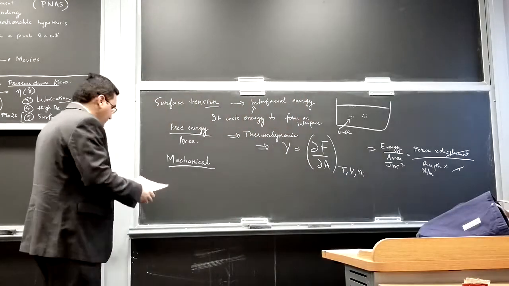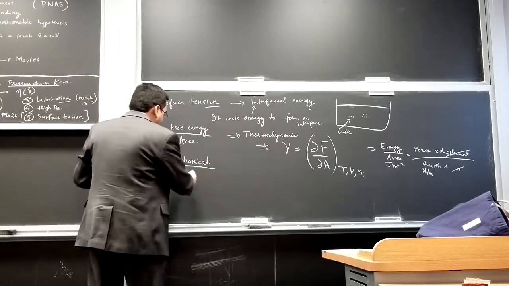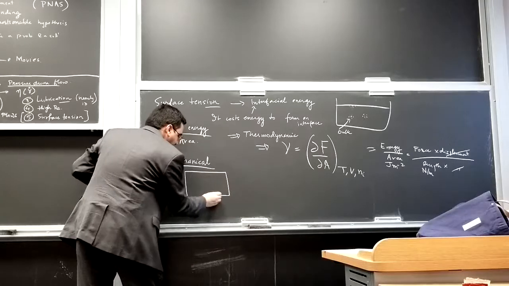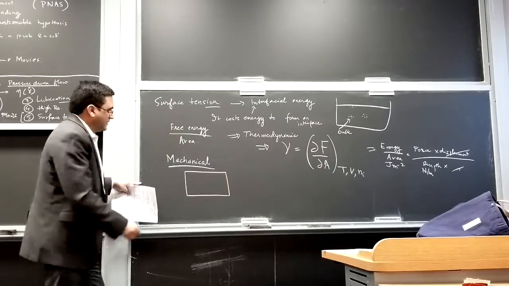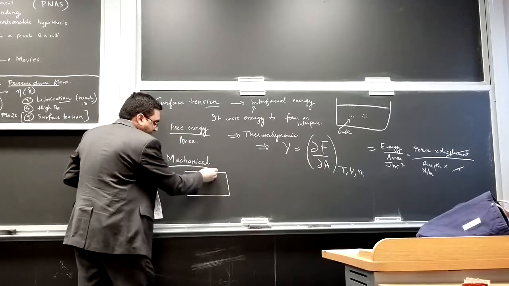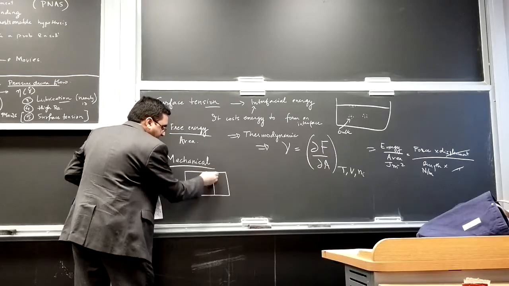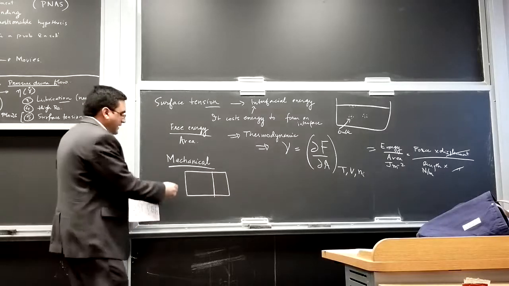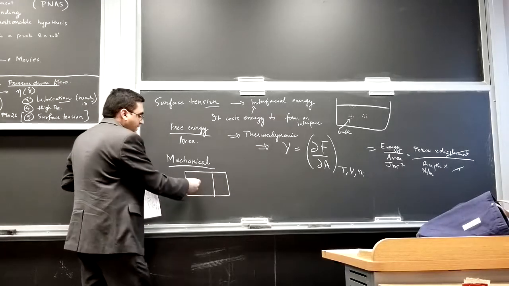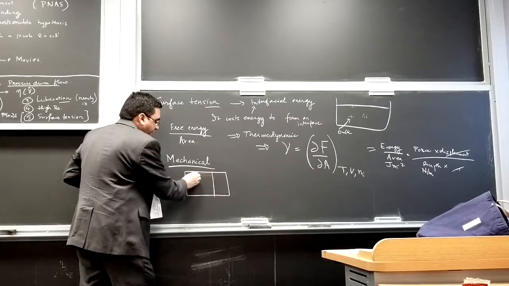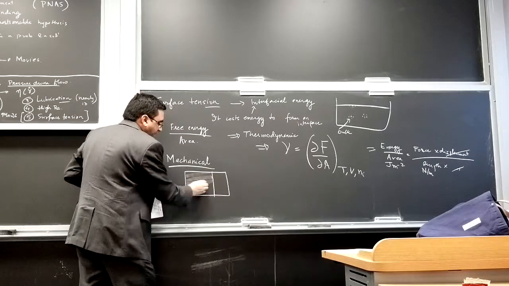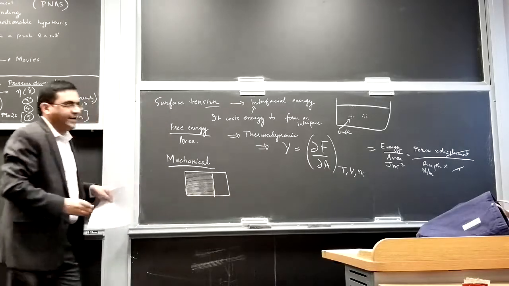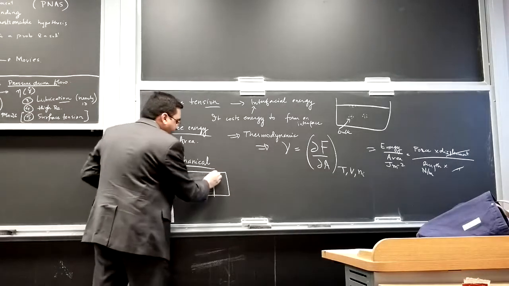One of the movies that I was going to show you: if I take a metal frame with a movable frame attached to it, dip this into solution and bring it out, you will get a soap film. Those soap films, when they're thicker than 100 nanometers, show beautiful interference colors.